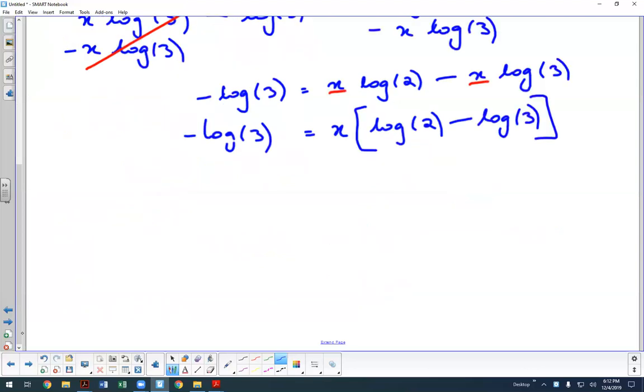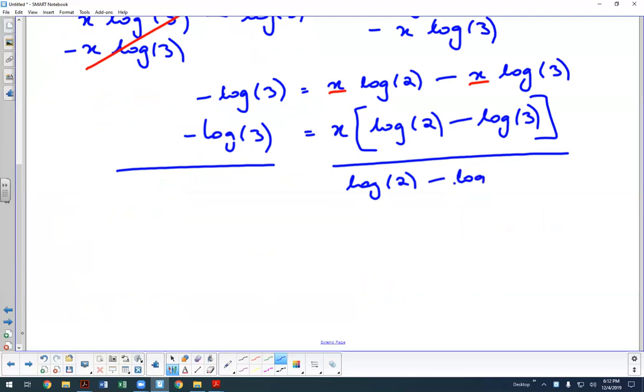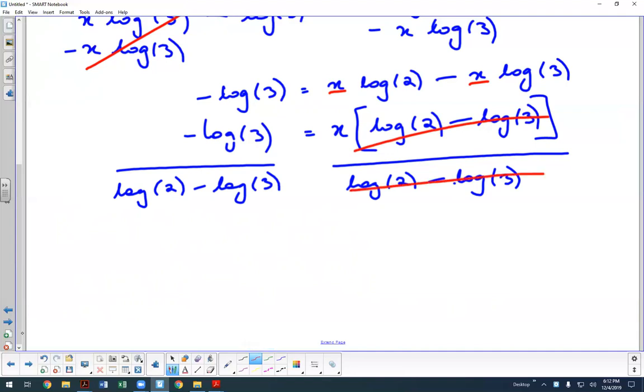Now that we have x separated from our log terms, all we have to do is divide both sides by this whole expression, log of 2 minus log of 3. These cancel out, leaving us with the x term.